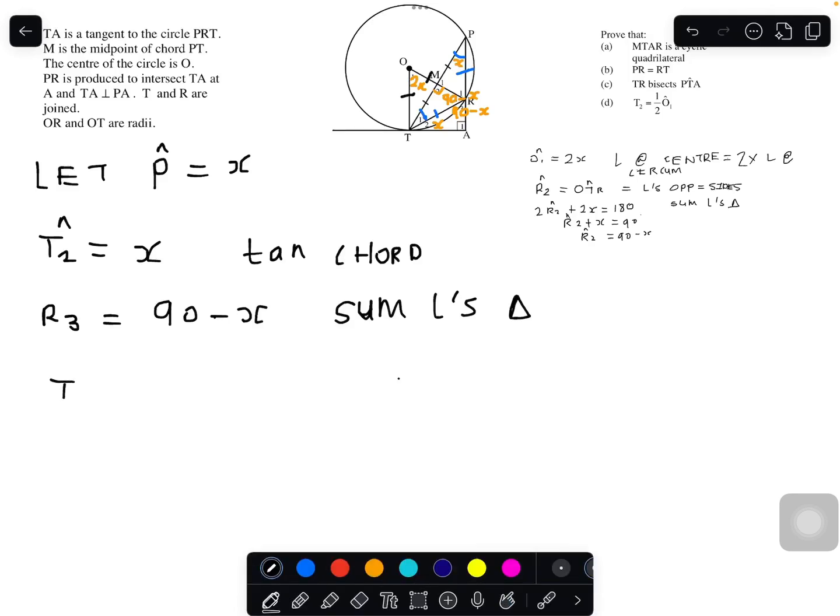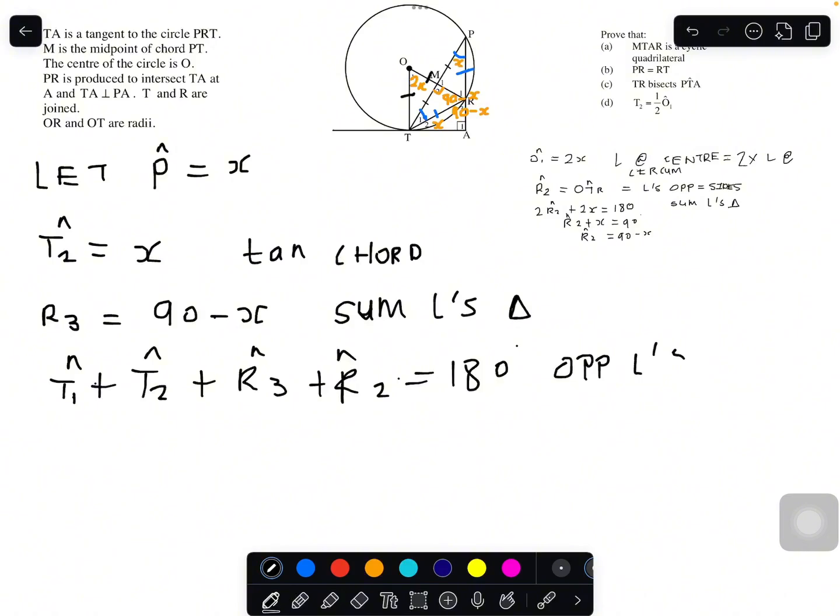So T1 plus T2 plus R3 plus R2 equals 180 degrees, and our reason for that is opposite angles in a cyclic quad.